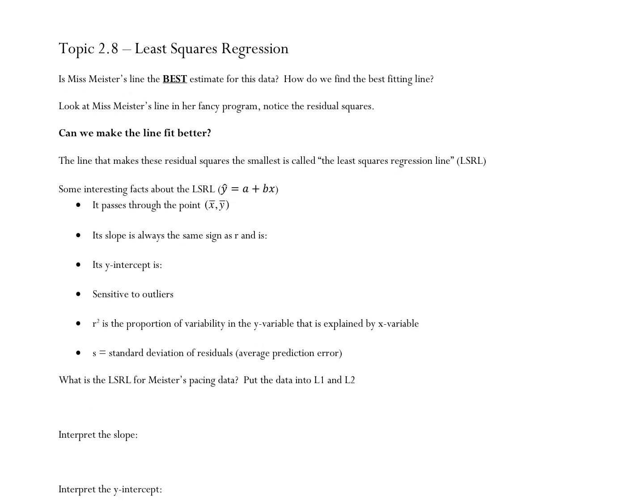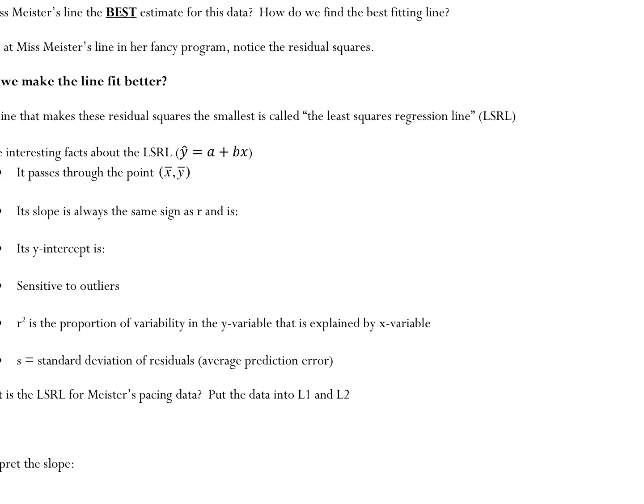Okay. So we abbreviate the least squares line, the LSRL, least squares regression line. Do we understand why it's called the least squares line? It makes the total area of those residuals the least. Okay? All right. So some facts. It goes through the coordinate pair that is x bar, y bar.